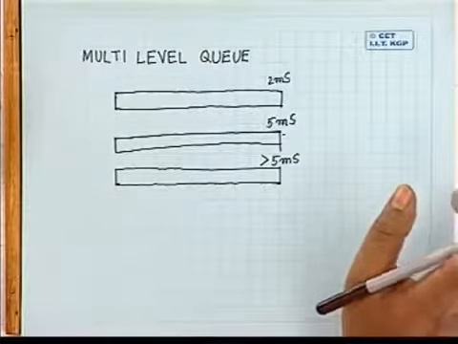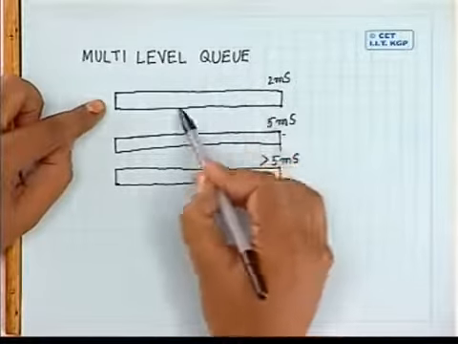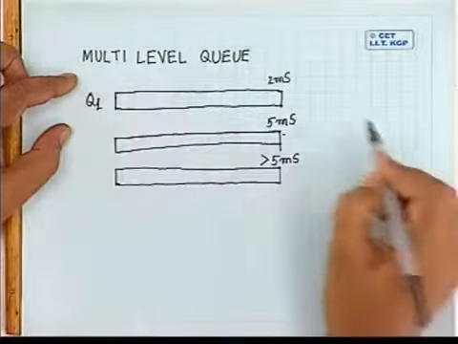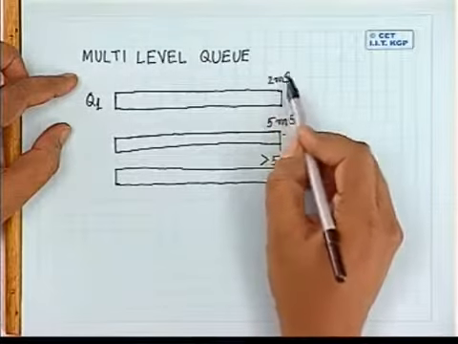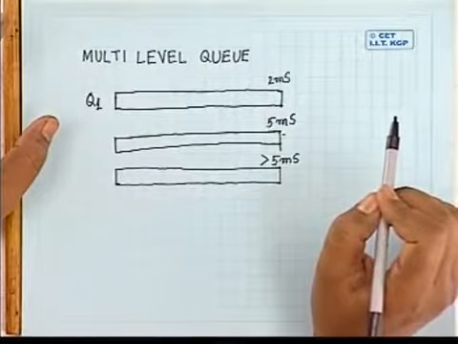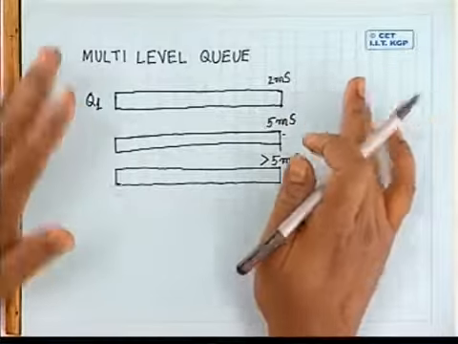Here our assumption is that the first queue, say Q1, contains the jobs whose every CPU burst is less than or equal to 2 milliseconds. So I can consider those the shorter jobs or IO bound jobs, which should get preference over the CPU bound jobs.